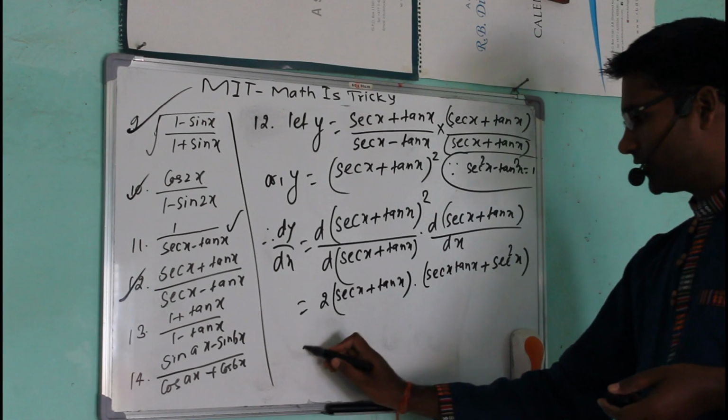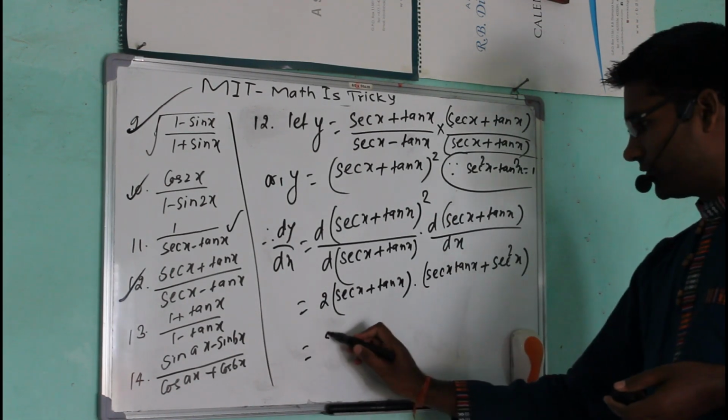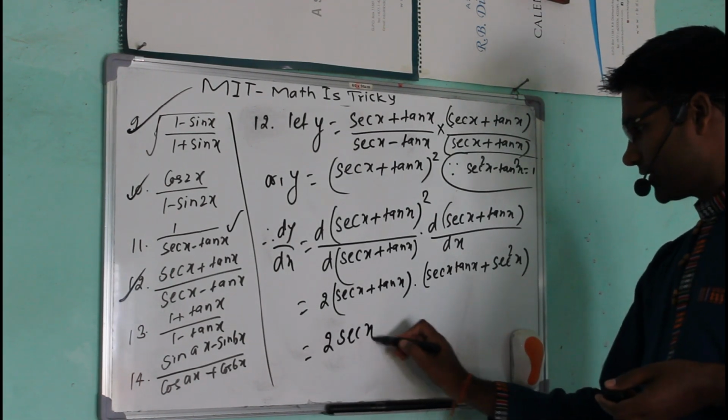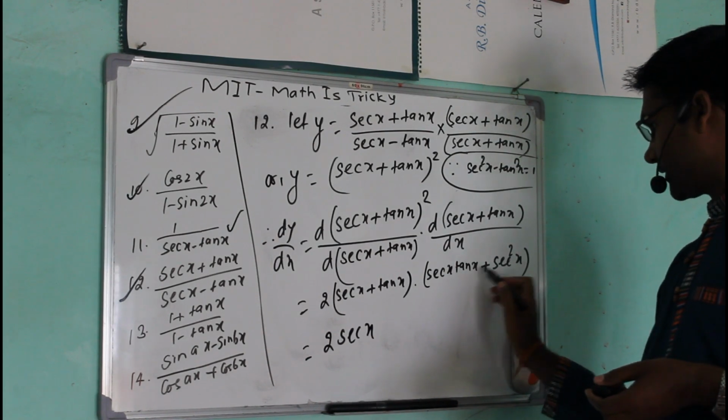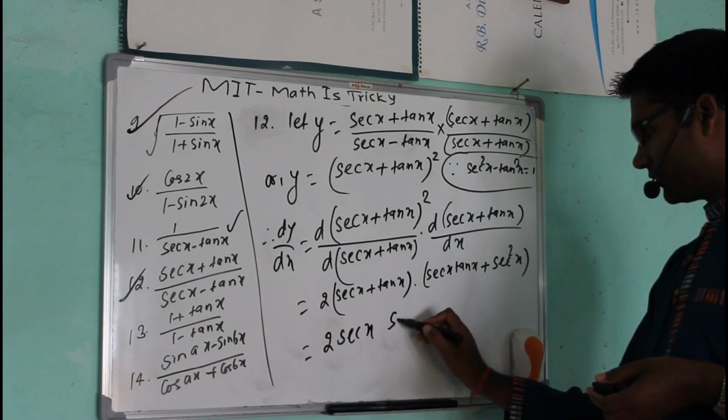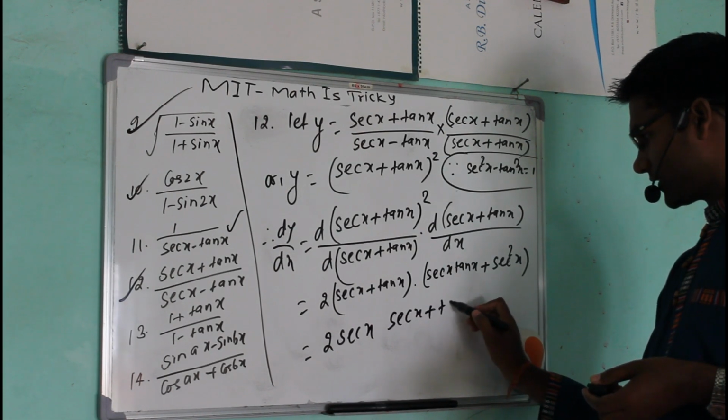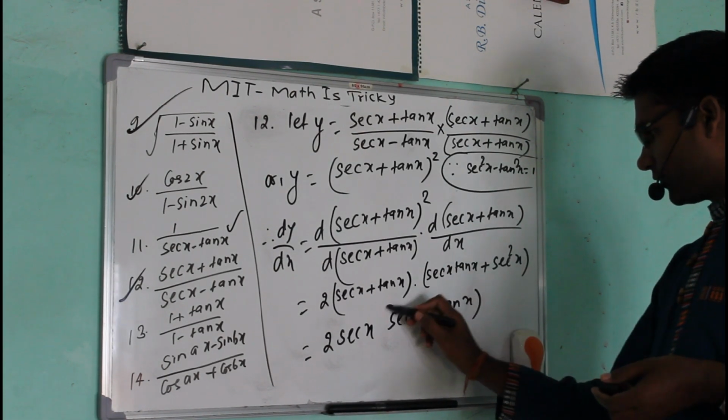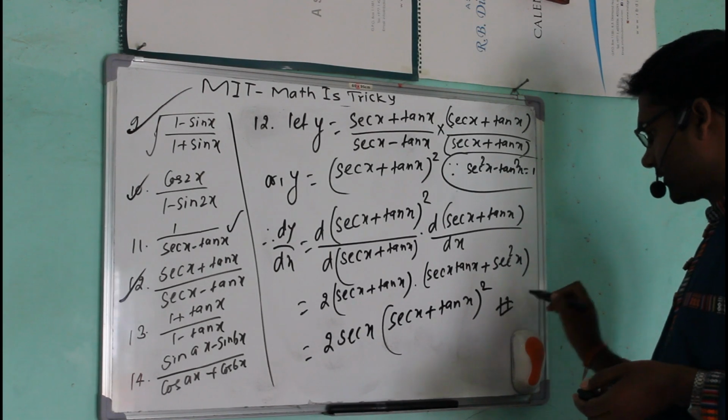Now we can take sec x common, so it will be 2 sec x, and the remaining will be sec x plus tan x, and again sec x plus tan x whole square. That's your answer.